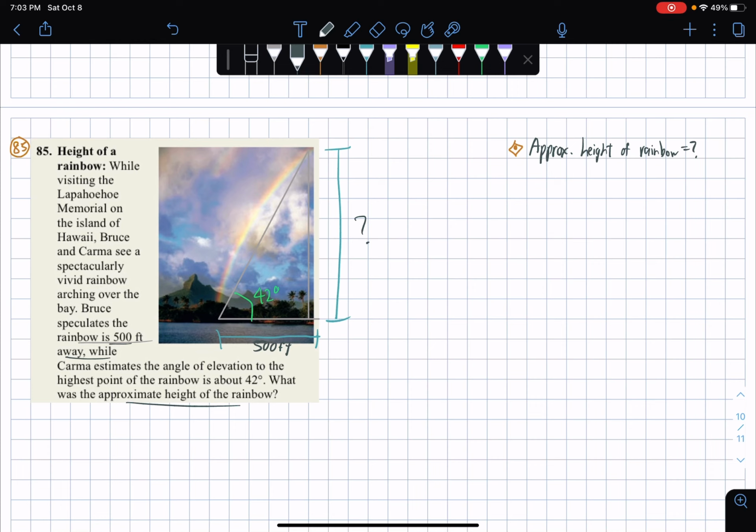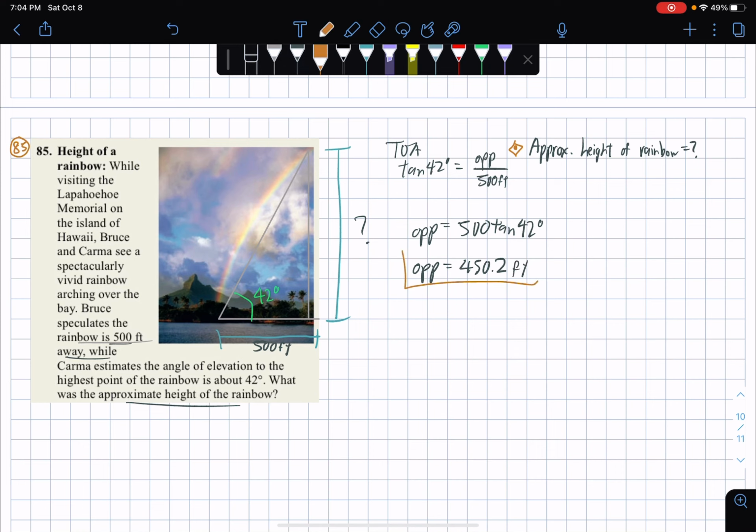Anyways, we use TOA. Tangent 42 degrees is equal to the opposite divided by the adjacent, which is 500 feet. Opposite side is equal to 500 tangent 42 degrees. 500 tangent 42 degrees is 450.2 feet. This is the height of the rainbow in this specific problem, in this specific situation.